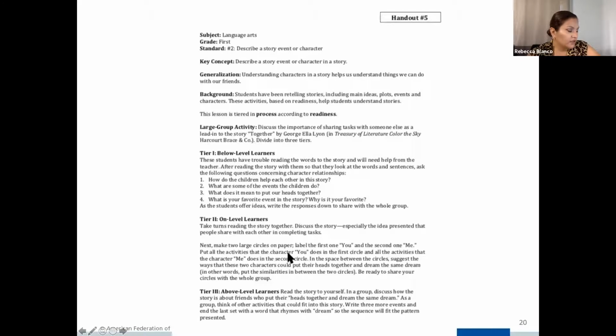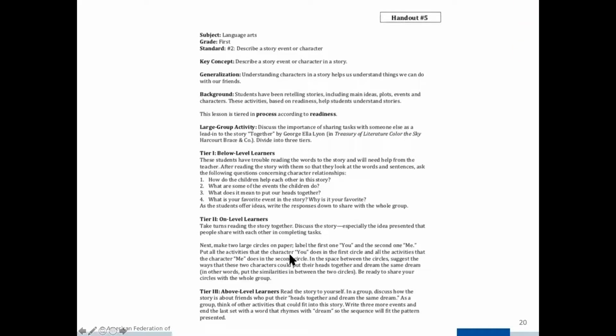You're going to put all the activities the character you does in the first circle, and all the things that me does in the second. And in the space in the circle, suggest the ways that these 2 characters could put their heads together and dream the same dream. Okay, so it's a little bit more difficult. They're not just asking flat out questions that can just be found in the text. They're doing a little bit harder, right? Trying to see how they can work together.